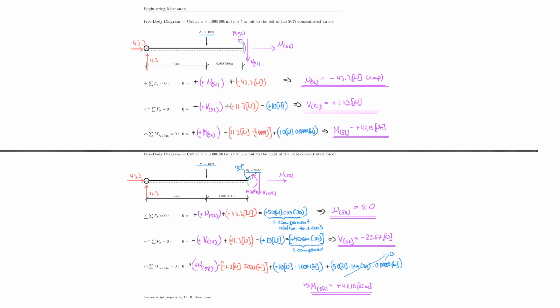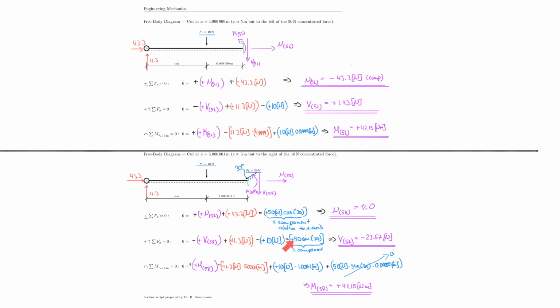Now for the shear force, we started up here with 1.43, which if you go one page back, you will find that this is the same shear force that we had just to the right of this force. So that was 1.43 as well. But now if we look down here, it actually changed. And by how much did it change really from here to here?